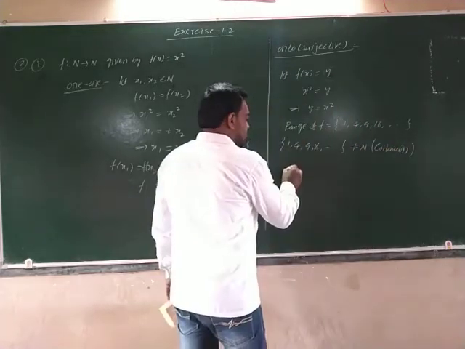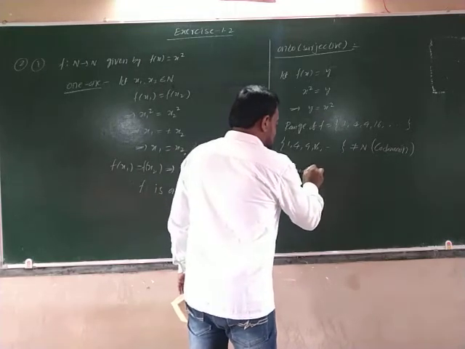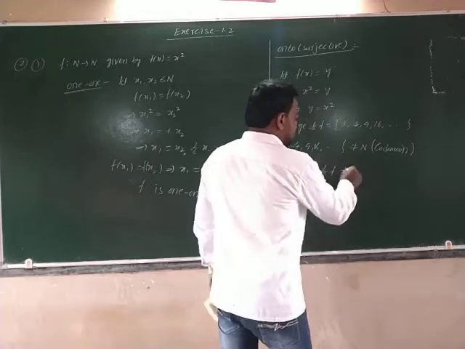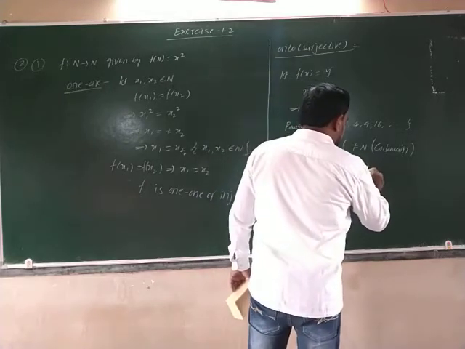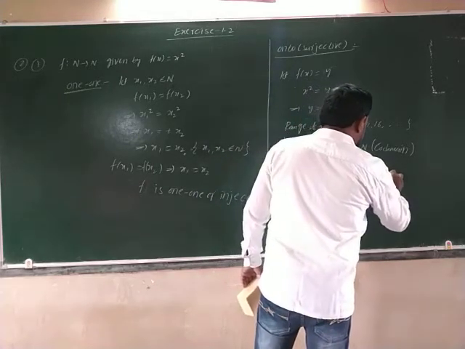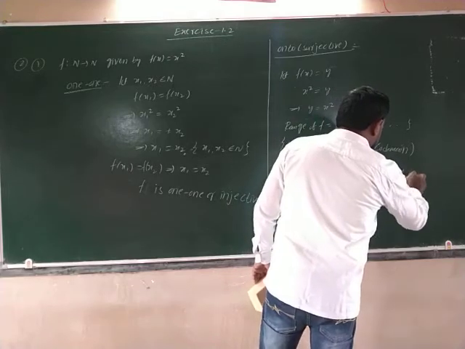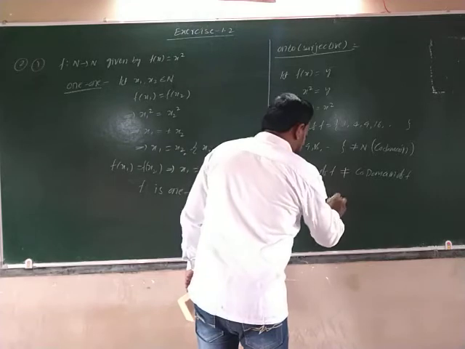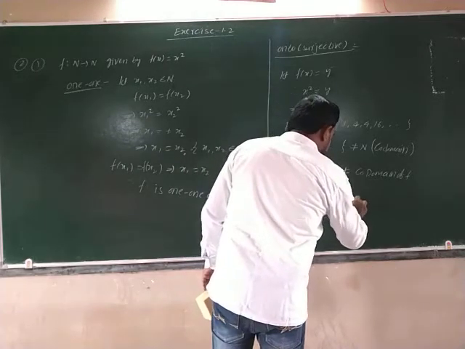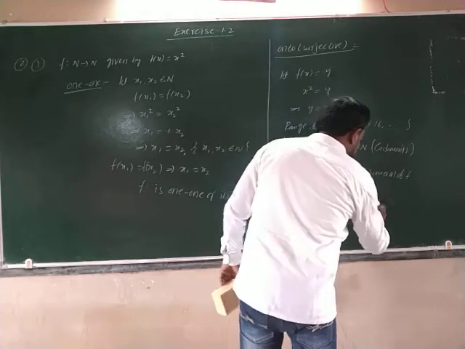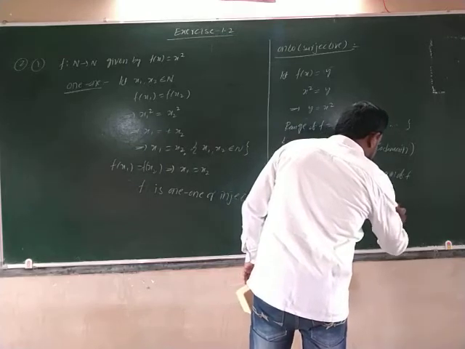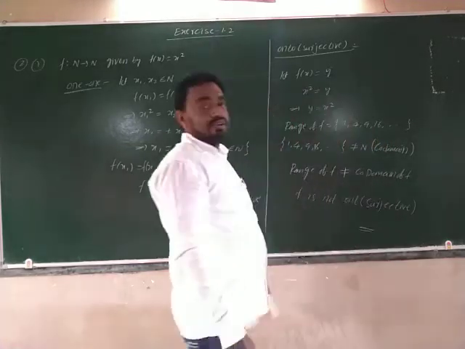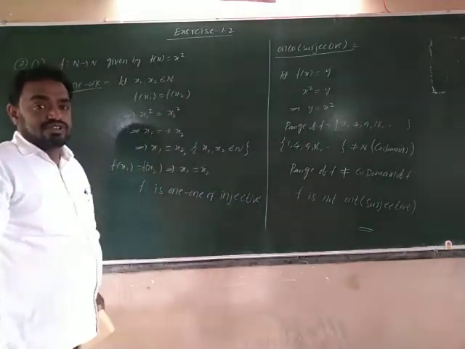That means range of f is not equal to codomain of f. Therefore, f is not onto or surjective. This is your answer. Right? Like 2 marks questions, 2 marks.